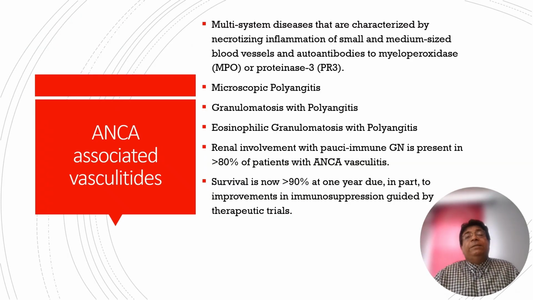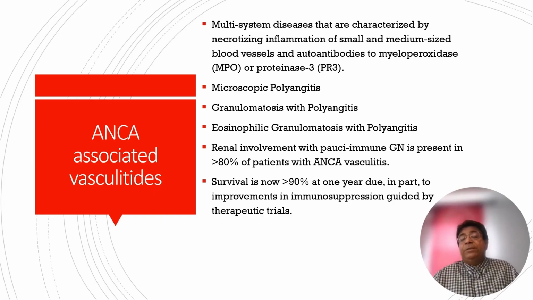ANCA vasculitis. ANCA vasculitis is a multi-system disease characterized by necrotizing inflammation of small and medium-sized blood vessels and autoantibodies to anti-neutrophil cytoplasmic antibodies, specifically myeloperoxidase, or MPO, and proteinase 3, PR3.